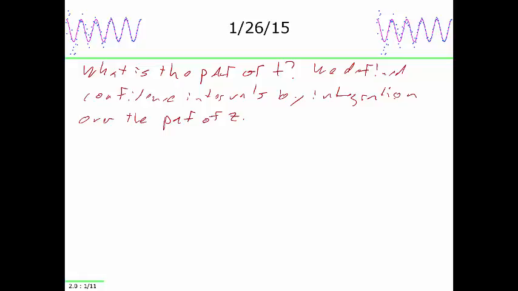Exactly. Exact same thing. We're going to have to integrate over the PDF of t to generate experimental confidence intervals.